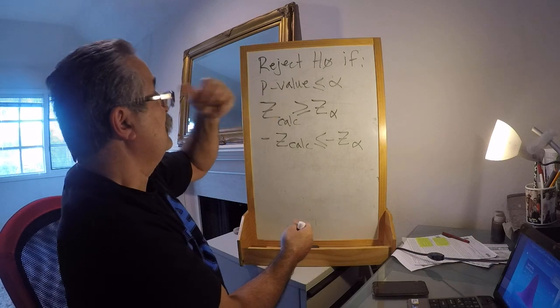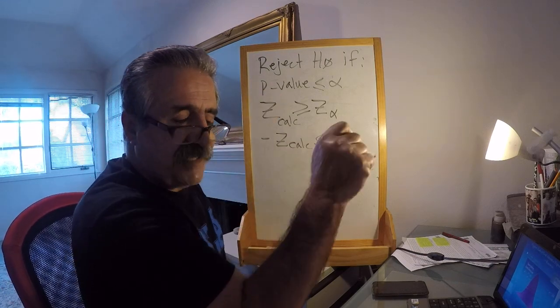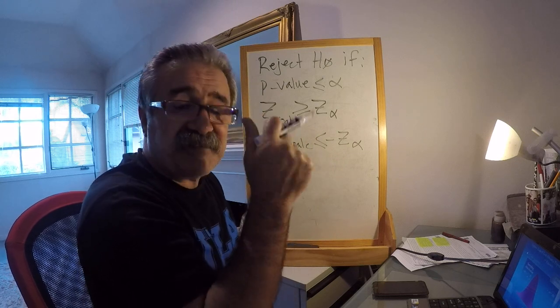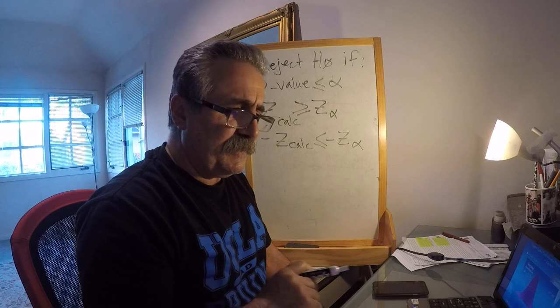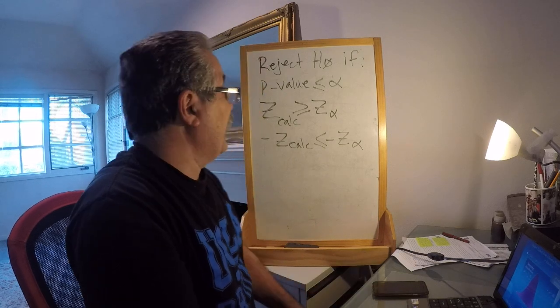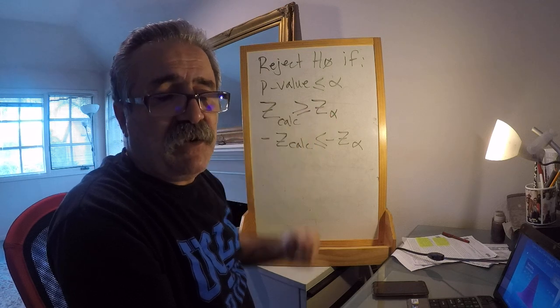If you find the p-value by using the test statistic or the z formula, you compare it with the value of the alpha. The value of the alpha should always be given to you.